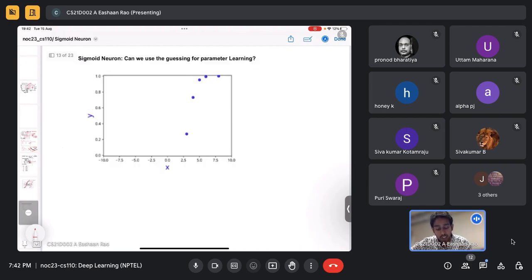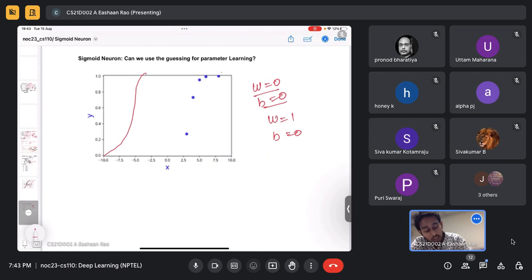So let's have it in a clearer way. This is a similar kind of parameter learning, and what we try to do is guess. If we start with 0 and we want to achieve this, we want to fit this data point. Okay, so maybe at w equal to 0 we get a line like this. Now maybe I will improve to w equal to 1 and b equal to 0.